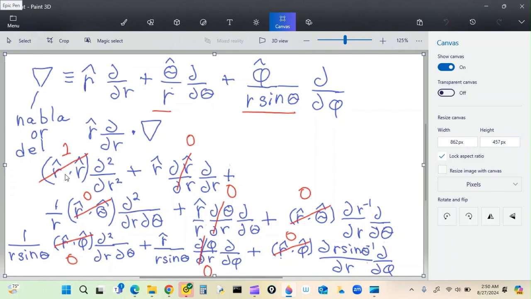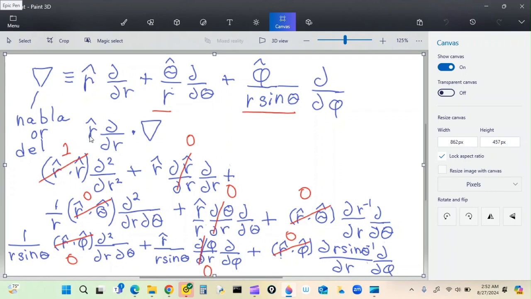And when we take the dot product of the same vectors, it just comes up with 1. So trust me on this one, it does come up with 1. If you want to go back, you can look at dot operators and try to work that out for yourself. And then notice that this partial here times this partial simply becomes a second derivative of r. Oh, here we go, second derivative of r. That's just what we wanted.